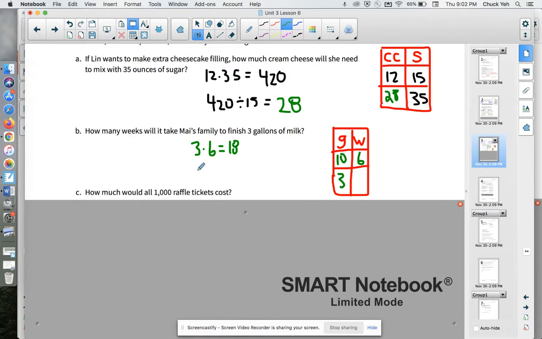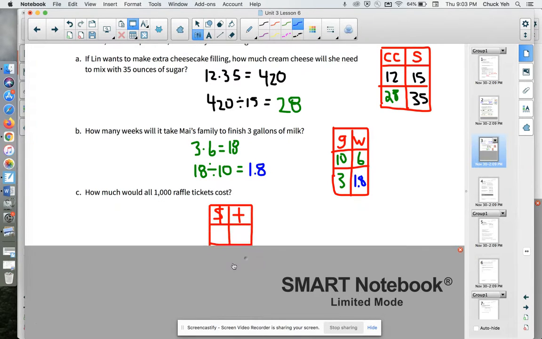And then divided by 10, right? 18 divided by 10. See if you guys can beat me to it. 18 divided by 10 is 1.8. So it would take 1.8 weeks to finish 3 gallons of milk. Almost 2 weeks, huh?